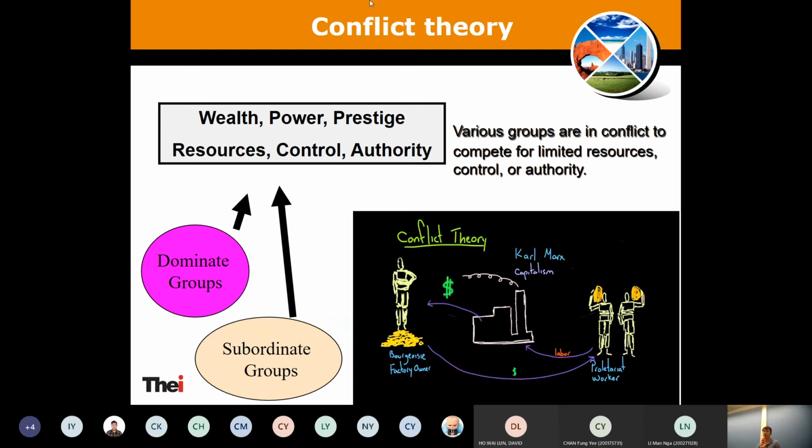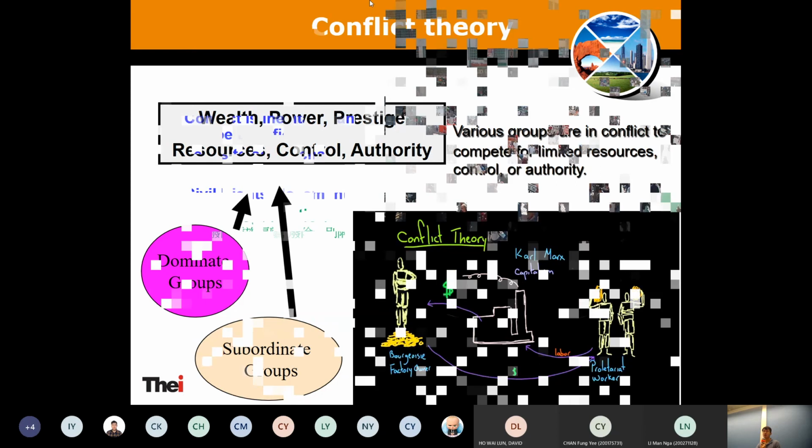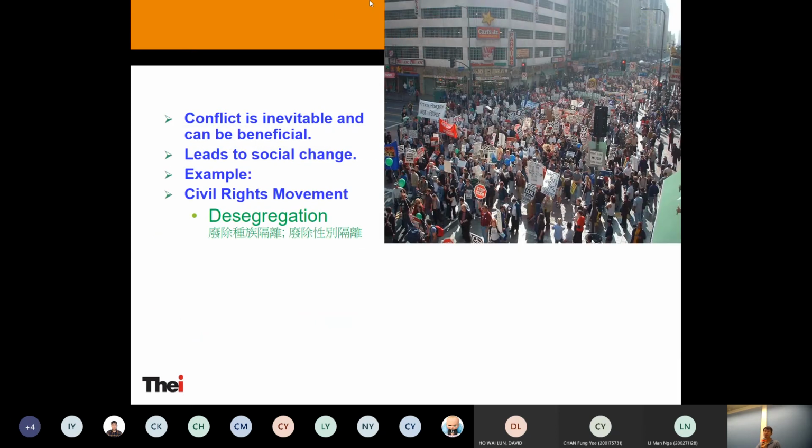So when we talk about conflict theory, we may have the development of an unbalanced situation, and consequently the rise of conflict. Conflict is something that is inevitable and can nevertheless be beneficial.